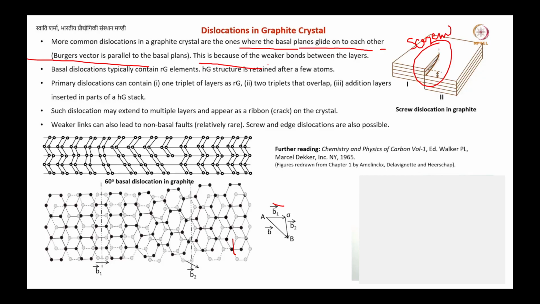Weaker links can also lead to non-basal faults. So screw and edge dislocations are also possible. Both dislocations are possible here. I think this one is your edge dislocation, and here it is showing your screw dislocation. So the statement is false.